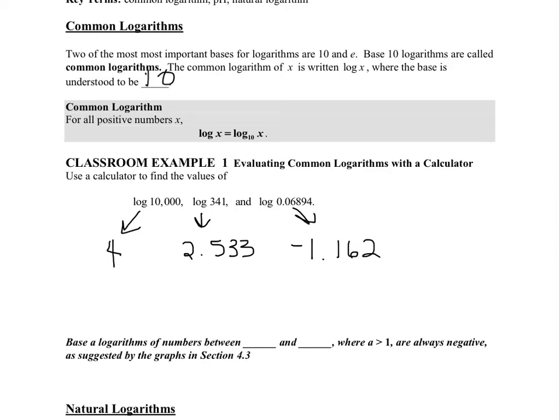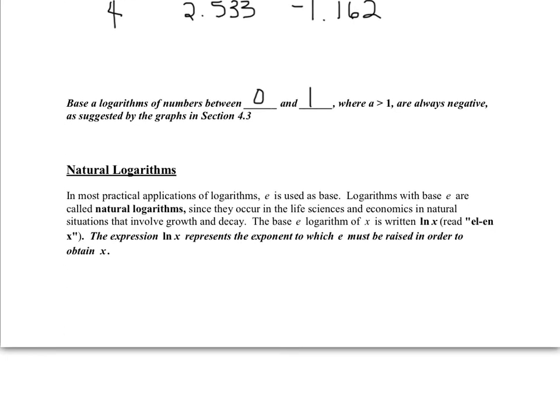For base a logarithms, such as this last one, when our numbers are between 0 and 1, and remember our base has to be greater than 1, in this case we knew our base was 10, when we evaluate those logarithms, we will get a negative answer back. It's got to be a negative exponent that gives that small decimal value.